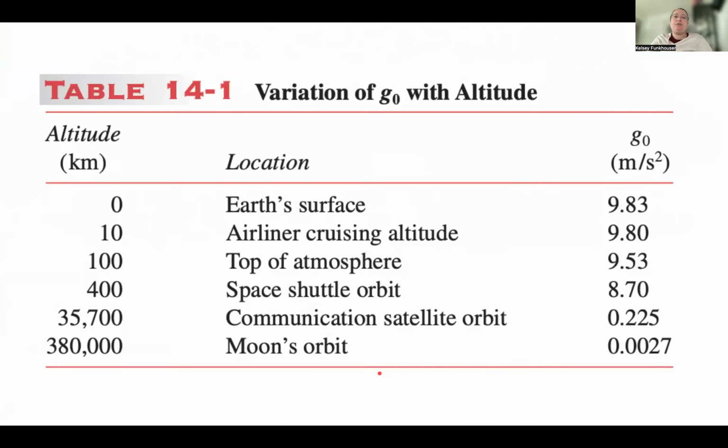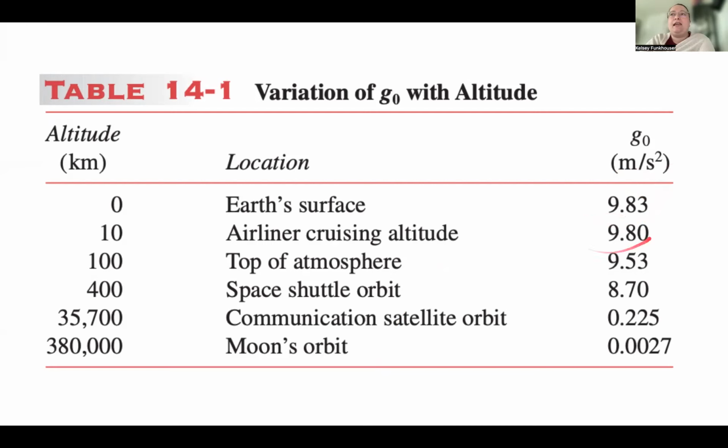This table shows values for g naught, or little g, at different altitudes above the surface of the Earth. So on the surface, there's 9.83. That actually depends on where you are on the surface of the Earth, because the Earth doesn't have uniform density. So there are parts where gravity is stronger.